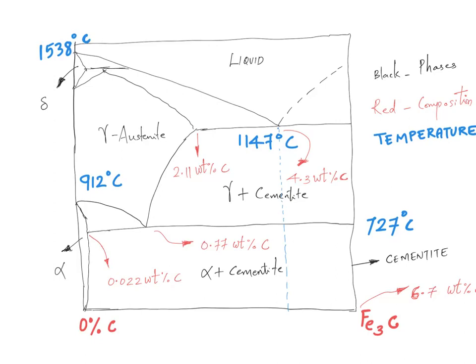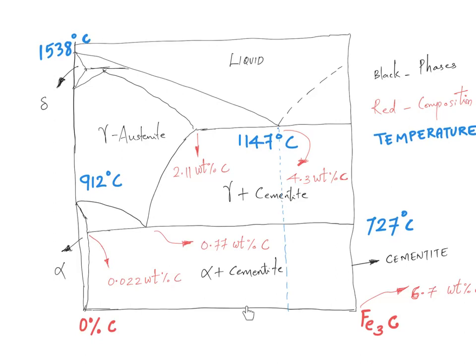I told you that this is the eutectic composition in this phase diagram. If you are wondering why this is the eutectic point, the description goes like this. For the time being, let's say my composition is this.